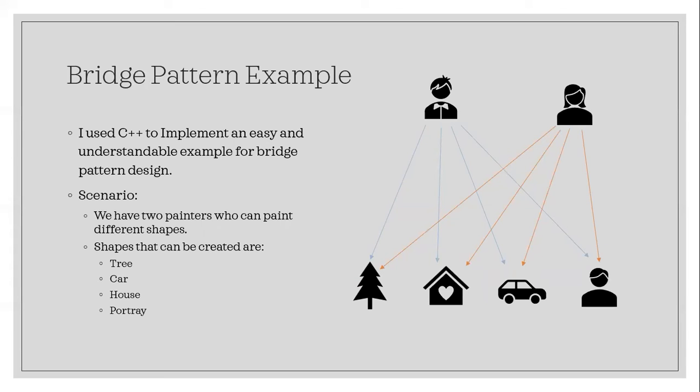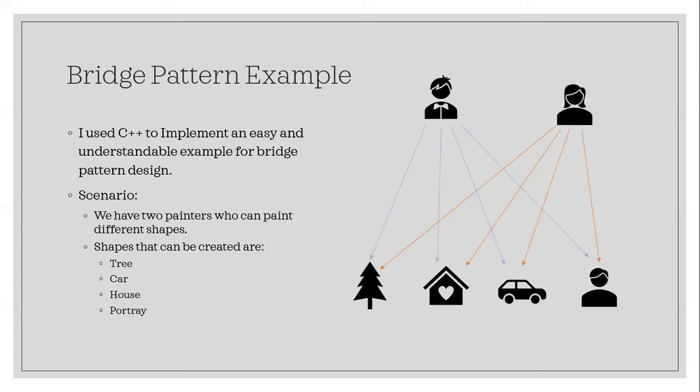In this scenario, we have a class of painters, which has two subclasses, Painter 1 and Painter 2. And there is one class, Shape, that each painter can draw. And that one has four subclasses, which are tree, house, car, and portrait.